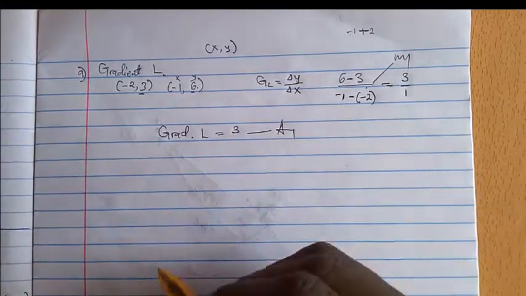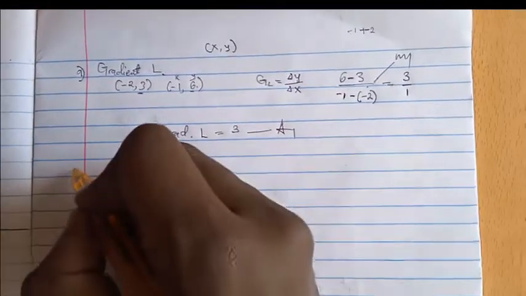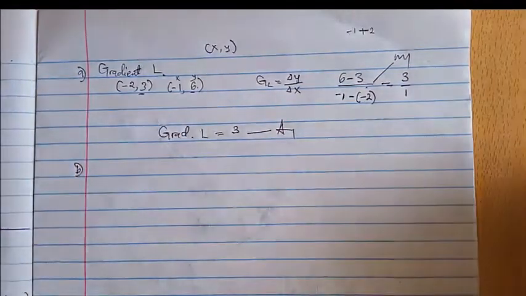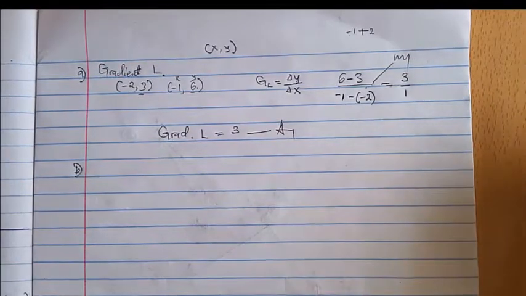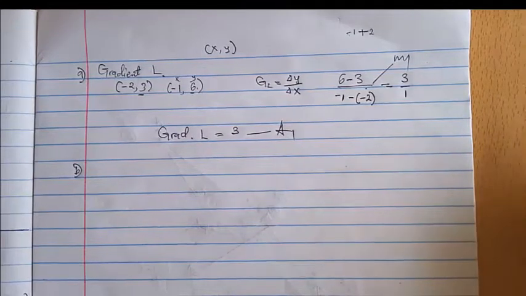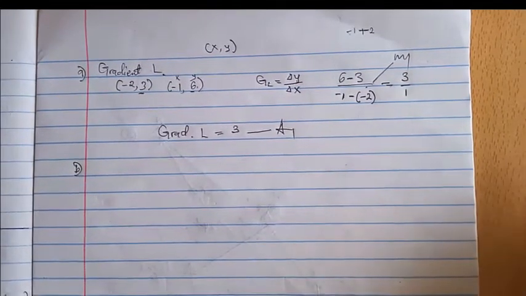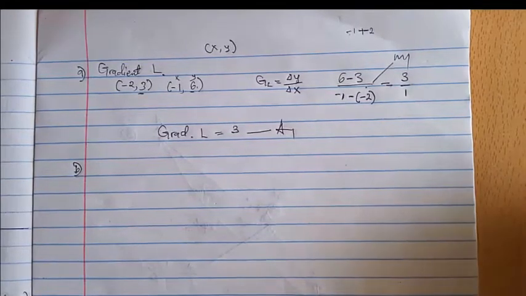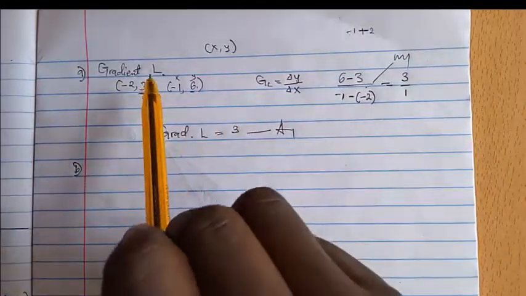And part B of the question is, find the equation of P in the form AX plus BY equal to C. Now, let us get the relationship between line P and line L. We notice that line L and line P are perpendicular lines.